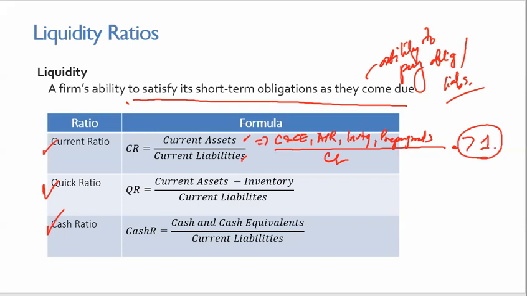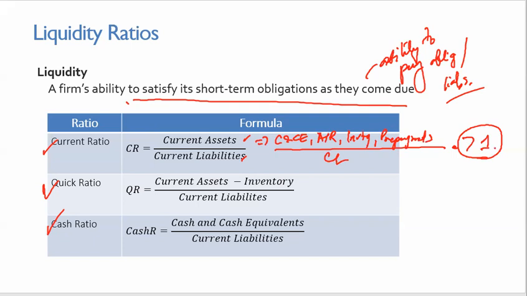Kasi pag below 1, ibig sabihin the current assets that you have is less than the liabilities that will be due within a year. So that's a usual benchmark. But different industries will have different current ratio benchmarks. Meron kasing mga industry na cash talaga ang labanan, meaning kailangan maraming liquidity.